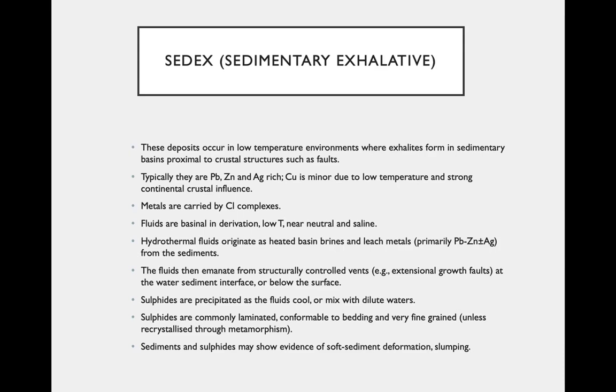The fluids then move back through a structurally controlled vent, usually extensional faults or something like that, and they vent into that fluid, and the sulfides are precipitated as it cools and mixes with the dilute colder waters. This produces these aprons of sulfides, and they're commonly laminated, conformable to bedding because they're largely syngenetic in origin.